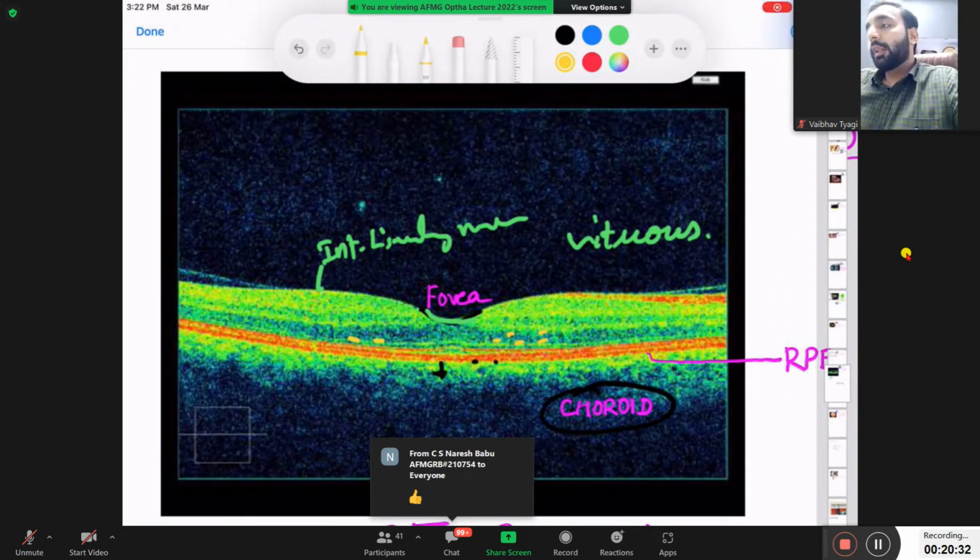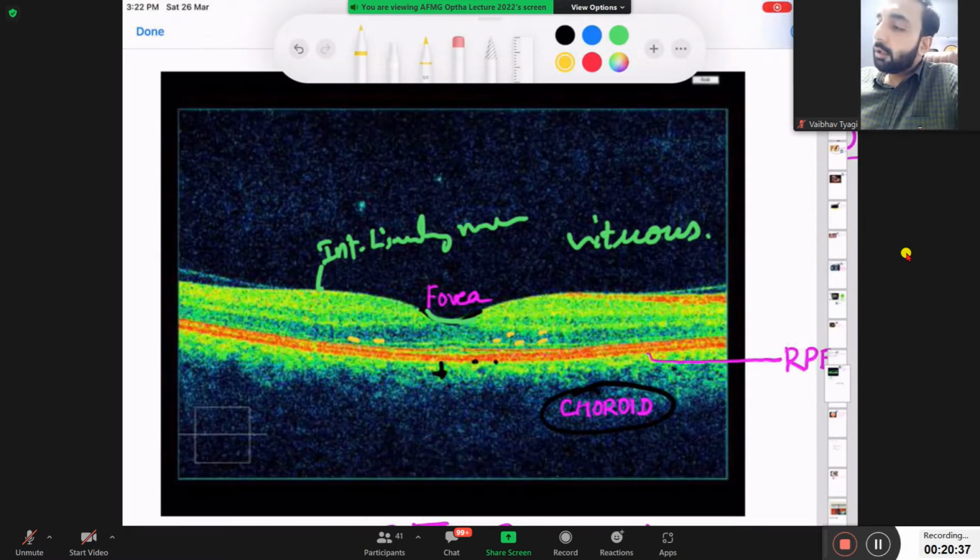Clear? Now, suppose a patient has diabetes, uncontrolled diabetes, fasting is 250 and post PP is 500. So he is having diabetic retinopathy changes. Okay. Now, because diabetic retinopathy changes are present, there is macular edema. And as you know, diabetes is a disease of capillaries. It is a capillaropathy. There is leakage from the capillaries.